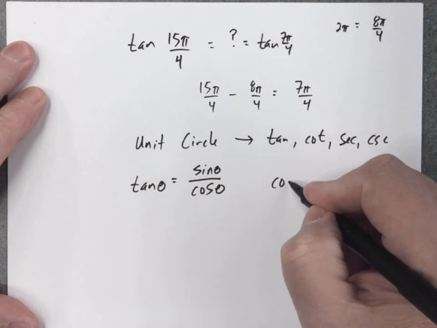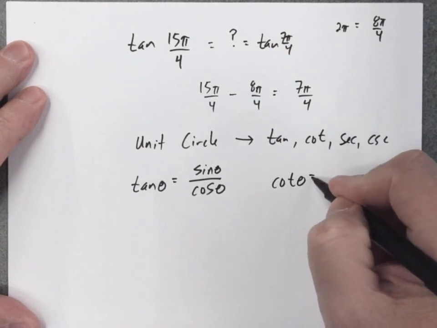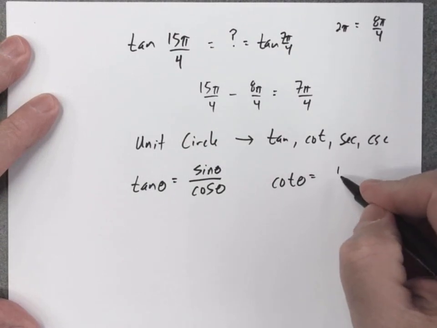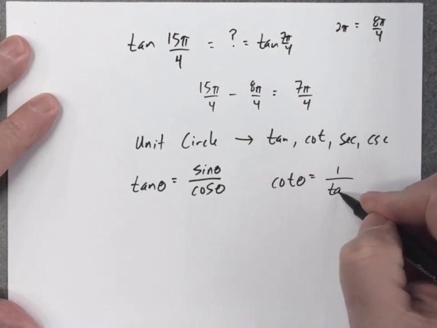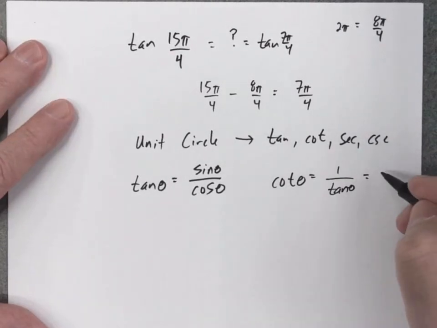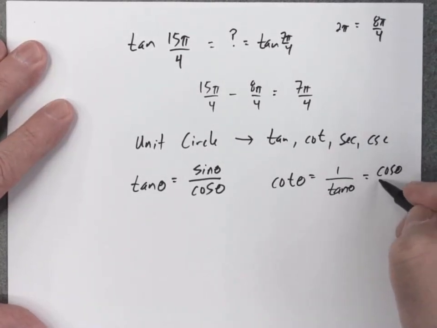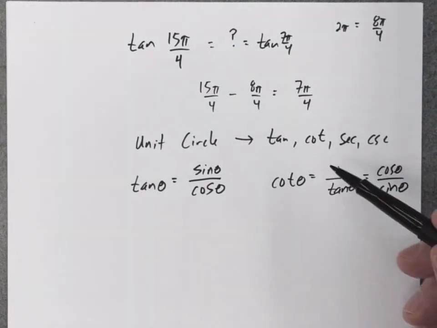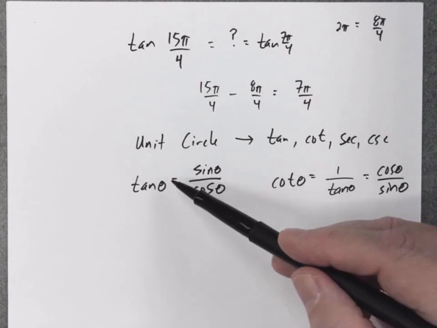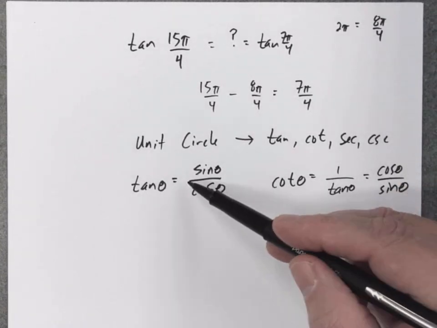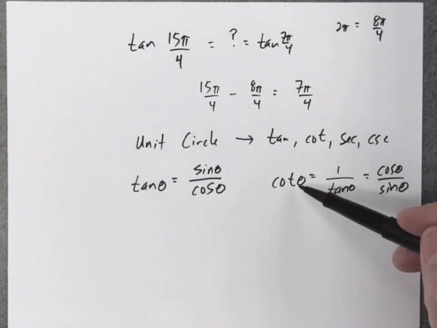So therefore, the cotangent you could think of as 1 over the tangent. Tangent and cotangent are inverses or reciprocals, so if you flip the tangent, you get the cotangent.